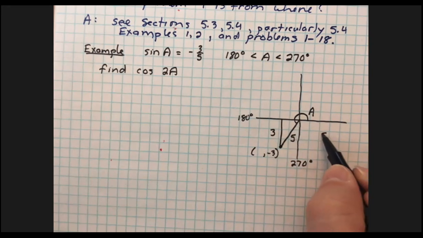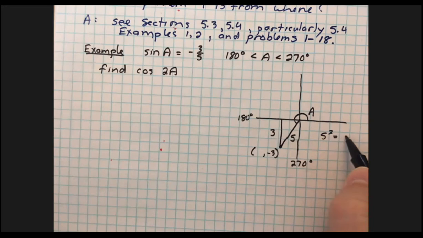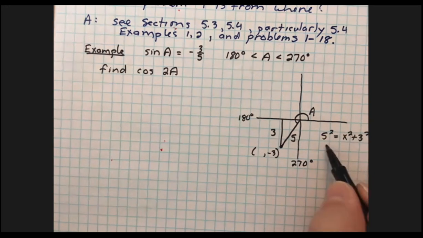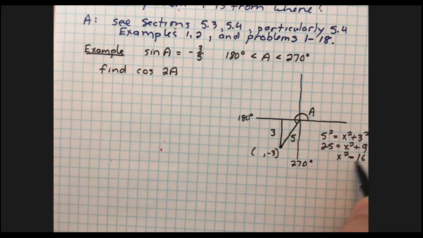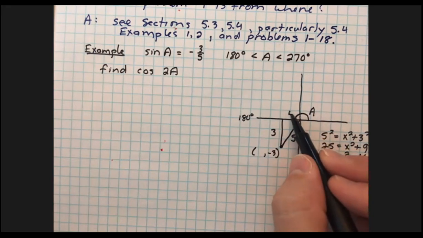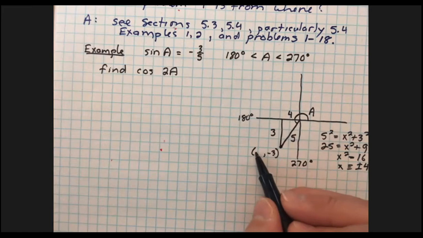So Pythagorean theorem, 5 squared equals x squared plus 3 squared. I'll let you work that out, but x squared plus 9, x squared equals 16, x is plus or minus 4. This length is 4, but I'm in the third quadrant, so I say the x coordinate is negative 4.